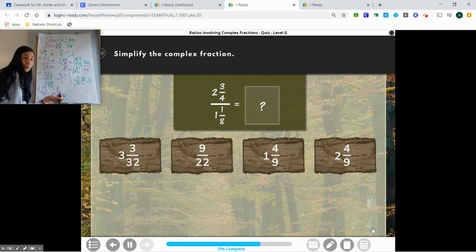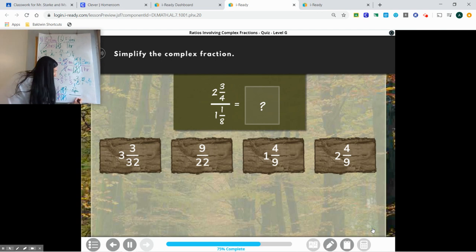These will reduce to 1. We're going to multiply our numerator by 8 over 9. Okay, can we cross-reduce anything? Yes, we can. 4 divided by 4 is 1. 8 divided by 4 is 2. Now we can't reduce anything else, so we're going to multiply across. 11 times 2 is 22. 1 times 9 is 9.